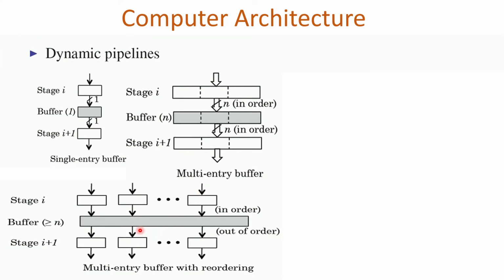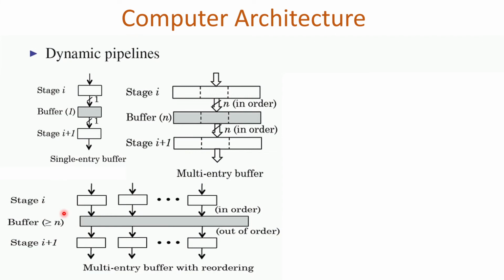So depending on whether an instruction is independent or dependent, some instructions will come to the next stage, and some will be retained within this buffer because of the dependency. That is why there may be more than n instructions that I need to store in this buffer at any point of time. That's why the buffer length should be greater than n.